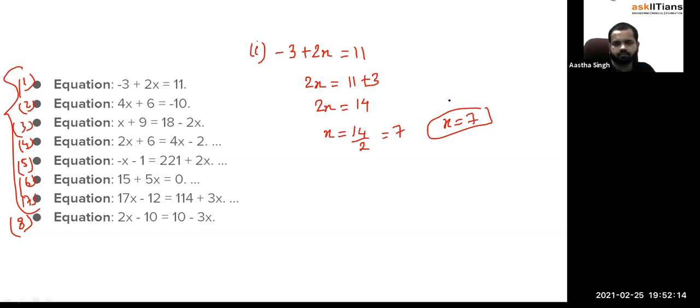Let me write your second part: 4x plus 6 is equal to minus 10.